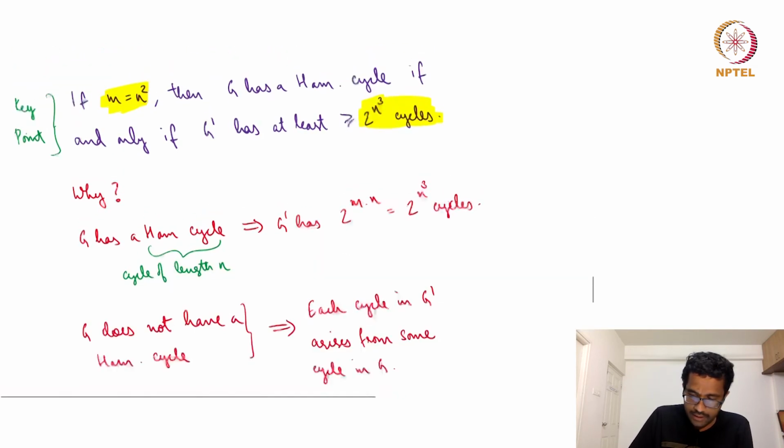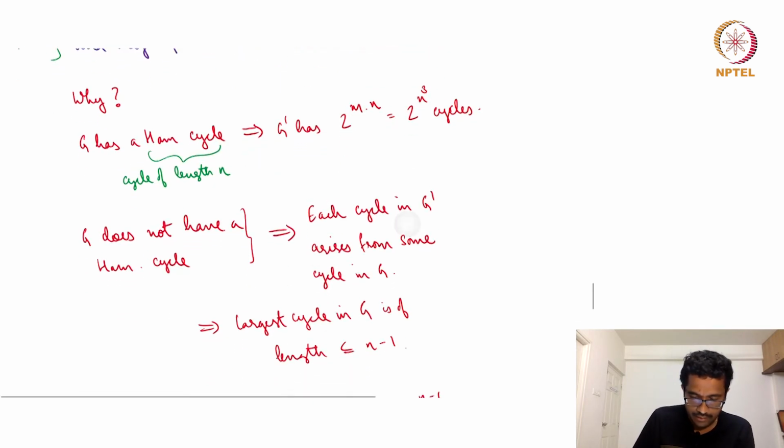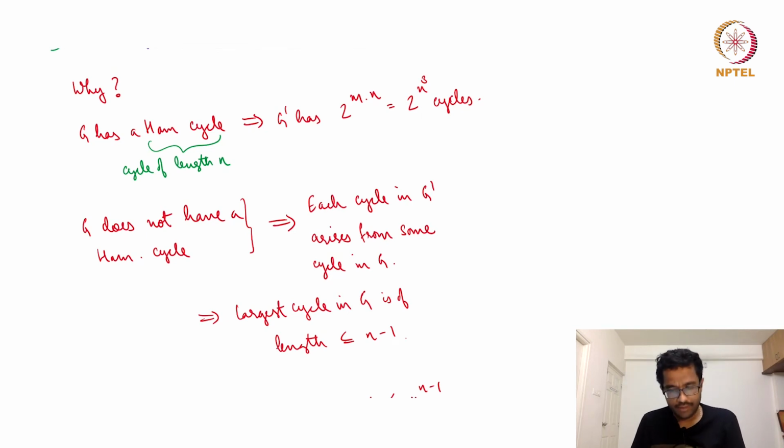Now suppose G does not have a Hamiltonian cycle. Now we want to say that G prime does not have 2 power n cubed cycles, right? And that is also not very difficult to see. Any cycle in G prime corresponds to some cycle in G, because the only thing we are doing is replacing an edge with some mesh network.